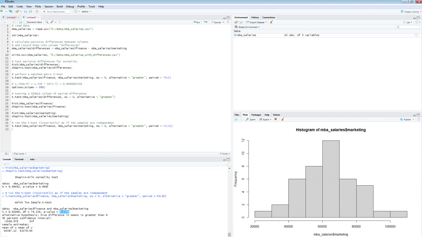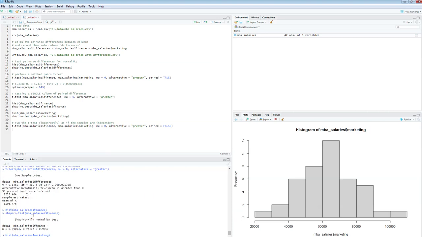But before we do that, last thing that I wanted to address about this problem. I believe we saw when we performed the t-test right here that the average difference between sample 1 and sample 2 is $3,108, right? So over $3,000 is what MBAs of finance are offered on average compared to their counterparts from marketing.